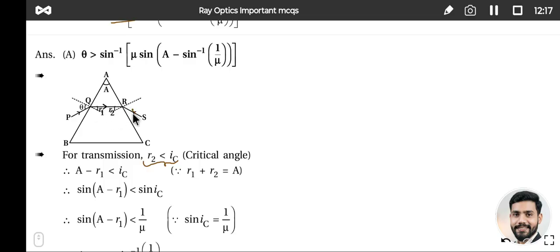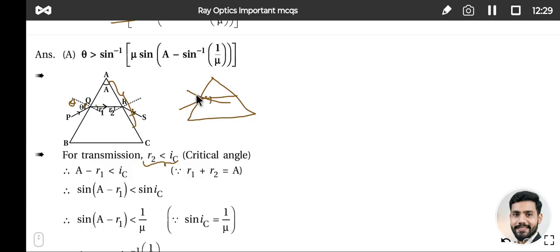Let's say this is incident angle theta, this is refraction angle R1, and here the refraction angle is R2. We have to get outside of this face AC. So R1 is the first refraction angle, and R2 is the second refraction angle.